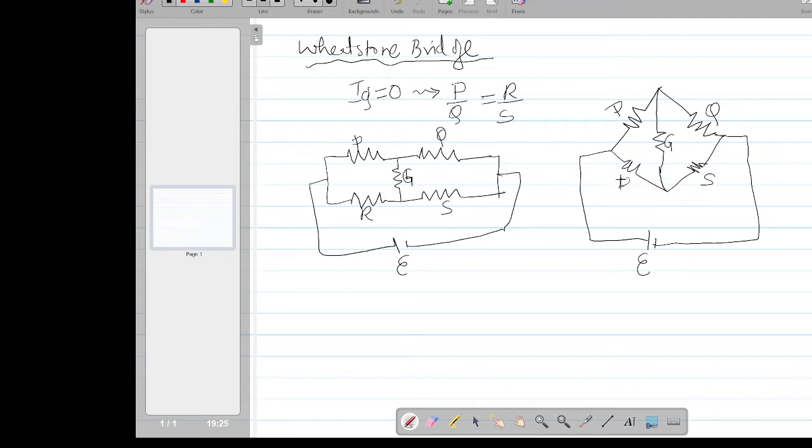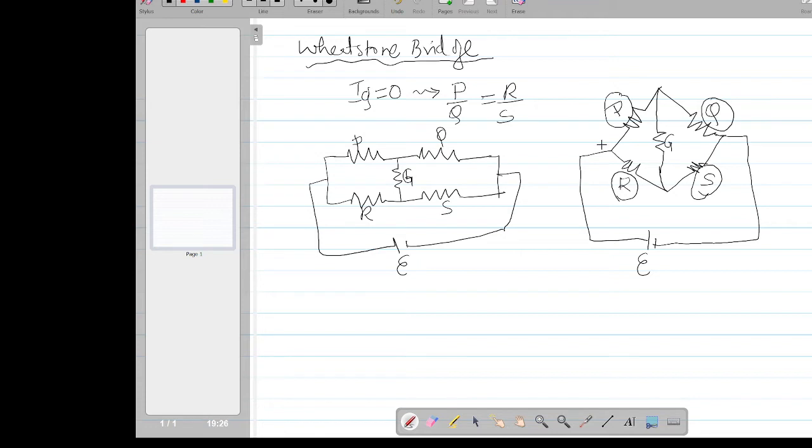So, P, Q, R and S. In the Wheatstone bridge we have 4 resistors. Among these, P and Q are the known resistors, R is an unknown resistance, and S is a standard resistance.